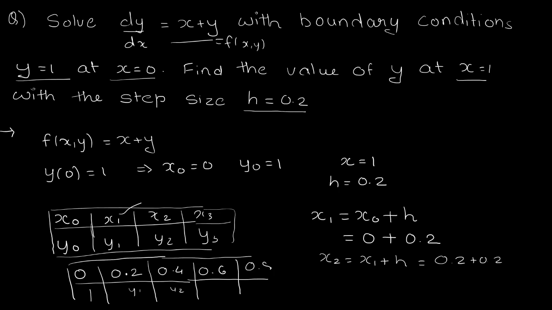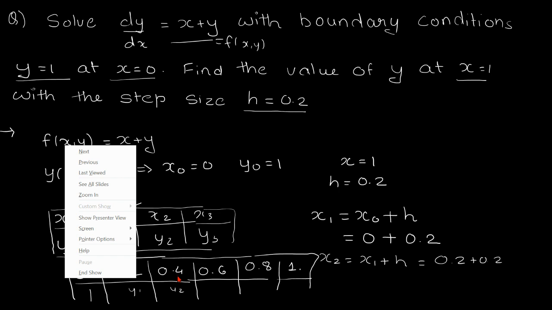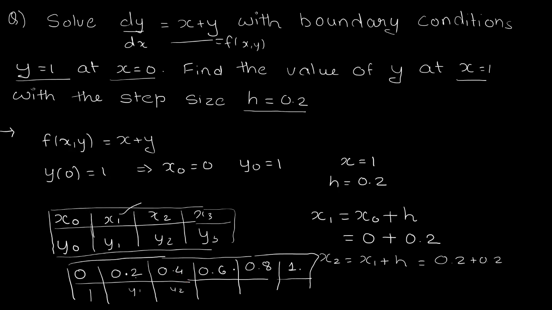Then 0.8, and I need to find the final answer till x equal to 1. That means I have x0, x1, x2, x3, x4, and x5, so basically I will have to go till y5. Okay, so this is what it says. Now let's see how to solve this.